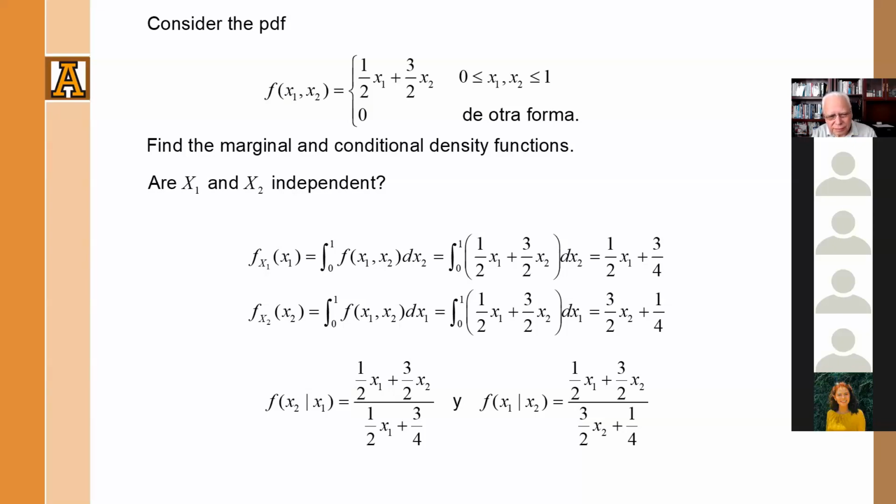No, right? They are not independent. Why? Because if they were independent, the conditional distributions would be the same as the marginal distributions. That's correct. So these are not independent.